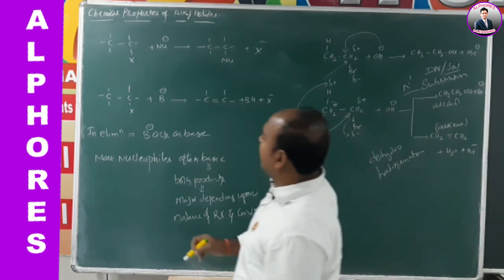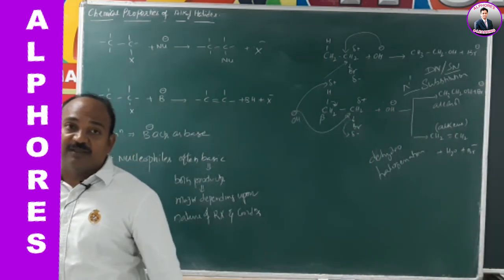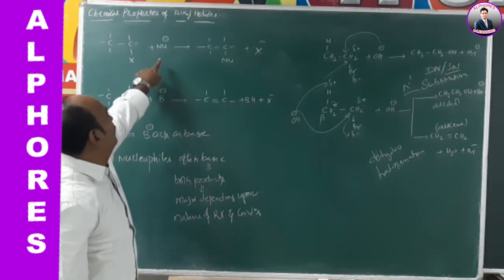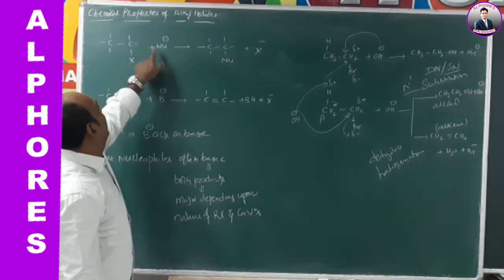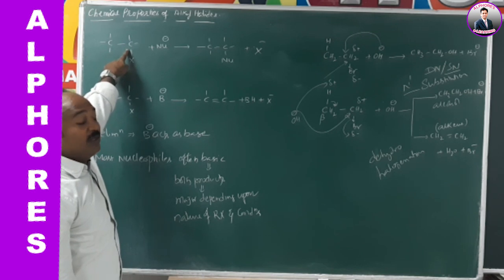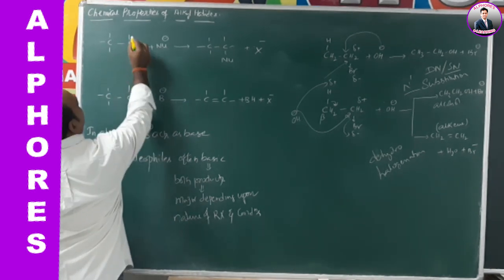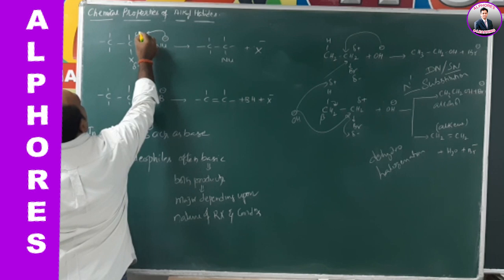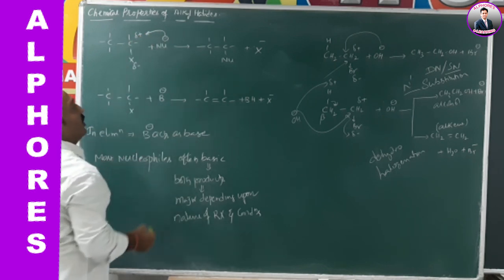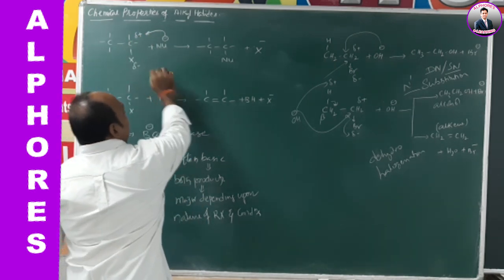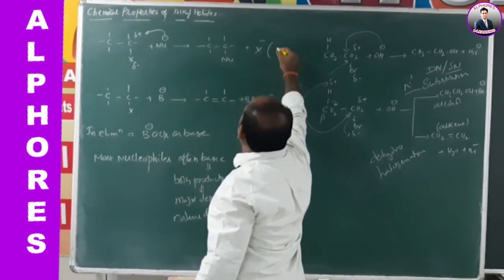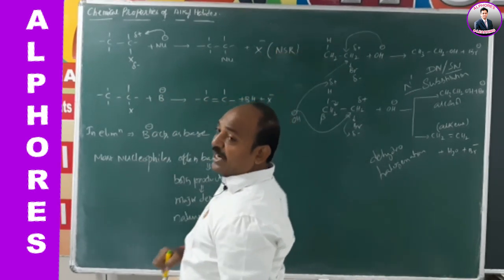Let us represent it here. This one is an alkyl halide. Upon approach of a nucleophile, the nucleophile approaches this electrophilic carbon. Since the carbon bears a partial positive charge, the nucleophile approaches the positive charge and displaces X minus. So this reaction we call a nucleophilic substitution reaction.